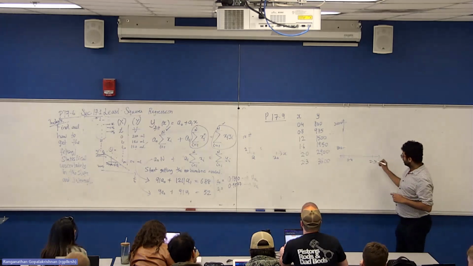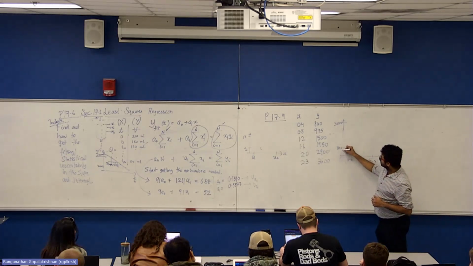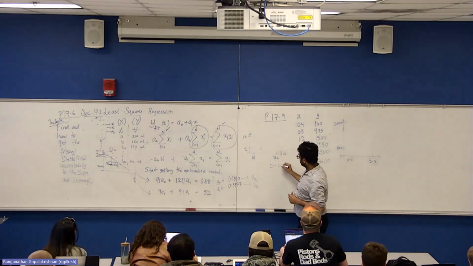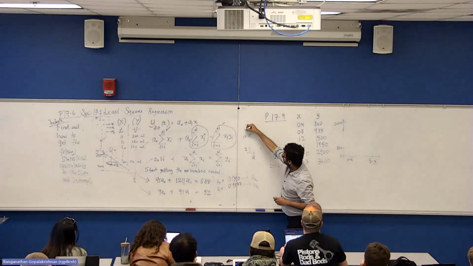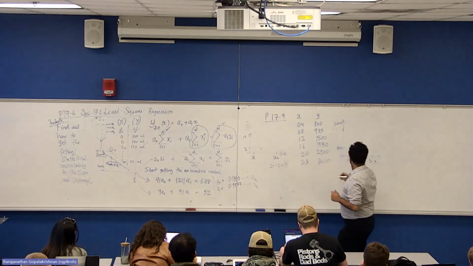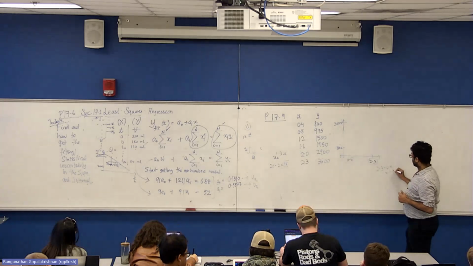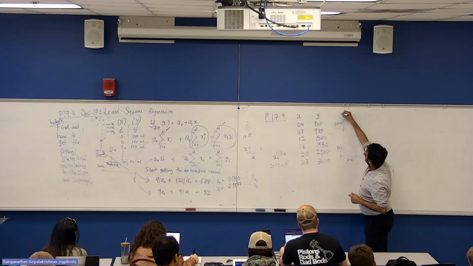Just think of how much bigger this is than this. 20 minus 2, the range is 18. 12 minus 1 is 11. Over here, this is 2.3 minus 0.4 or 1.9. Here the range is 2,800.